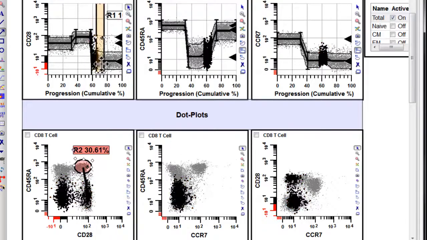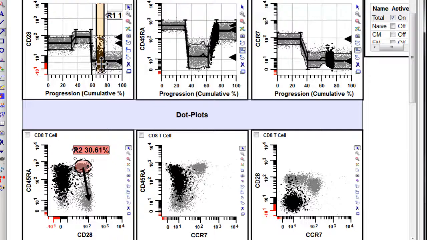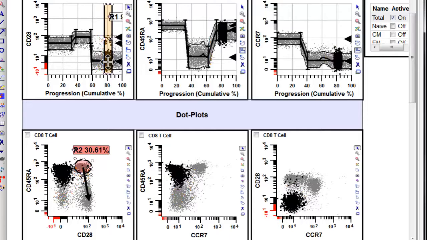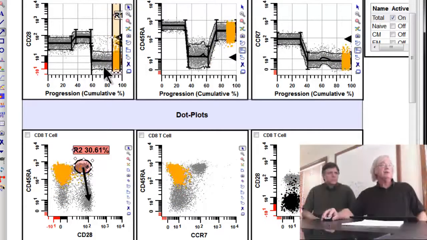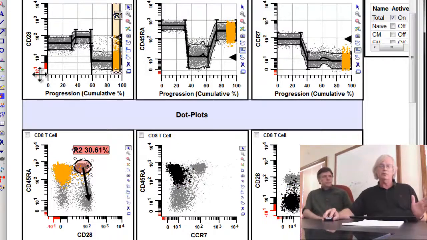And as we keep moving a little further, all of a sudden we're going to see CD45RA start increasing, as it does right here. So basically, the relationship between the expression profiles and the dot plots is the only difference is that probability state modeling orders the events along this common progression axis.